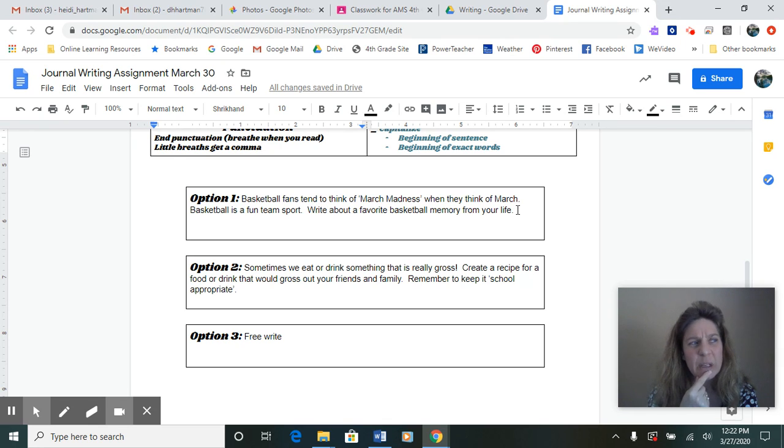Not my best moment and kind of one of the grossest things I've ever drank. And finally, option 3 is to do a free write about whatever I would like. So I think I might start with option 3 here. And I'm going to write 3 paragraphs.